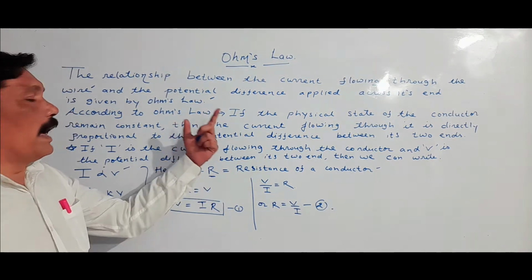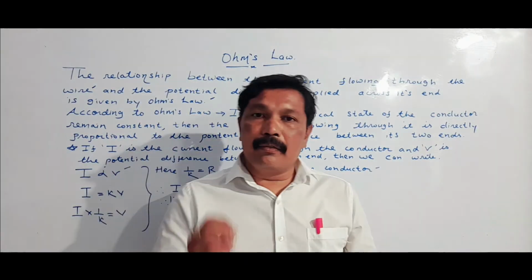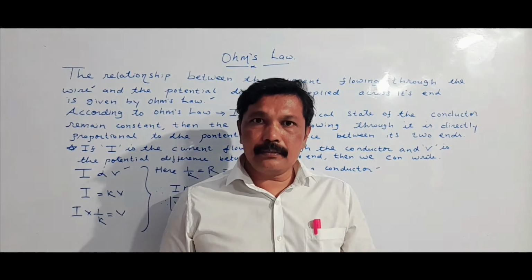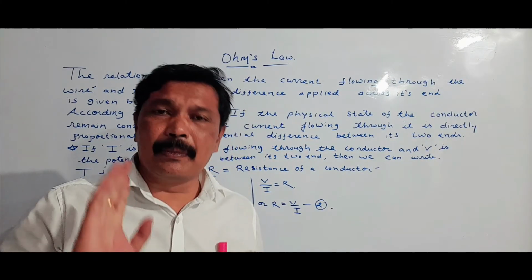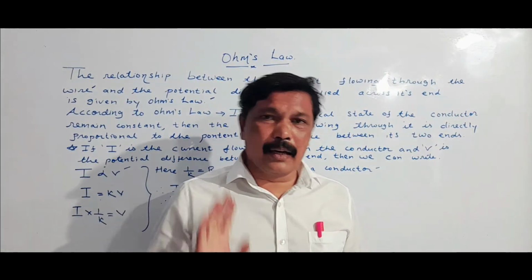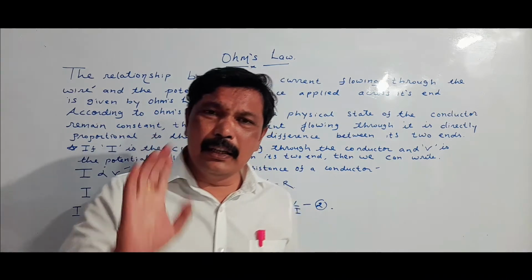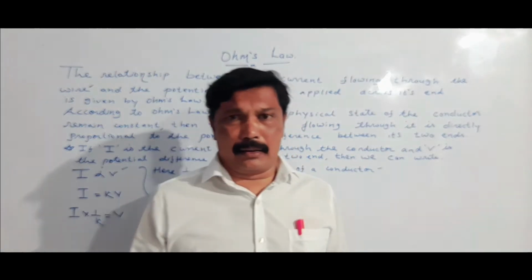While studying Ohm's law, when we derive Ohm's law, we also get the relationship between Ohm's law and resistance. The Ohm's law gives us the relationship between the current flowing through a conductor and the potential difference applied to the two ends of a conductor.